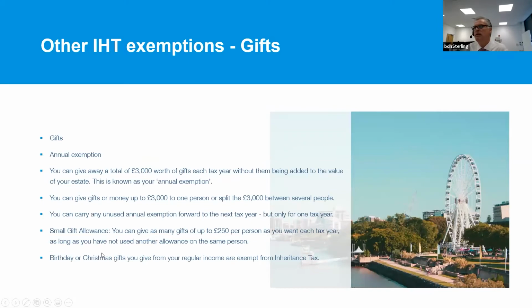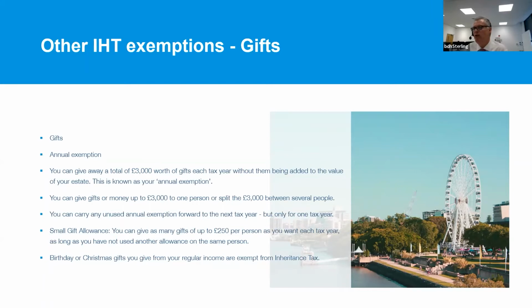If we look at some of the other exemptions, which you may or may not be aware of, an individual can give £3,000 each tax year without it being added to the estate, and that 3,000 is known as your annual exemption. You can give that to one person, or split it among as many people as you like.